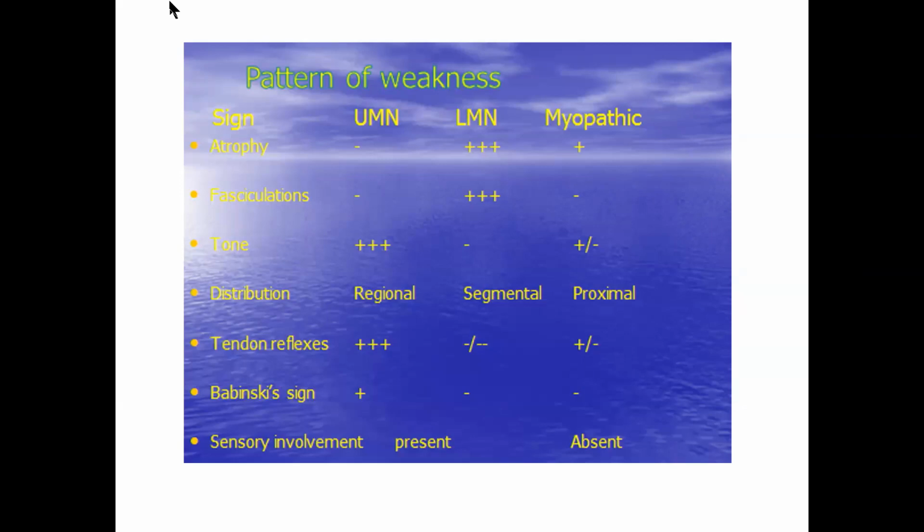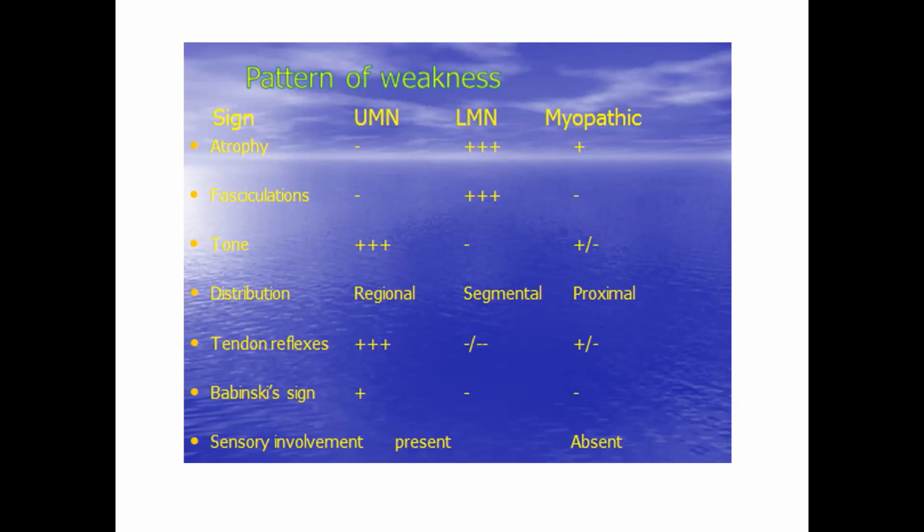Maybe the abnormal involuntary movements, yes. And the pattern of the weakness, it's a summary, okay? Upper motor neuron, lower motor neuron, or myopathy, they all give you weakness. Upper motor neuron does not have atrophy, and upper motor neuron weakness has a regional distribution.